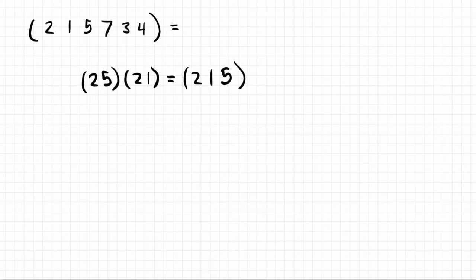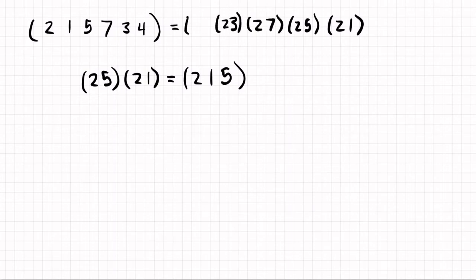So we can write this whole cycle down like this. What it'll come out to is we'll write (2 1), (2 5), and then we'll need to write (2 7), (2 3), and (2 4).